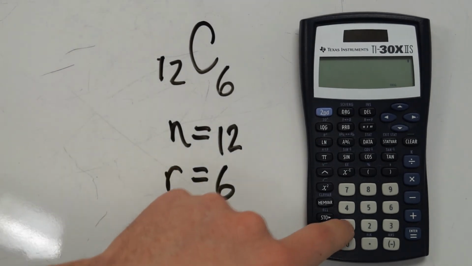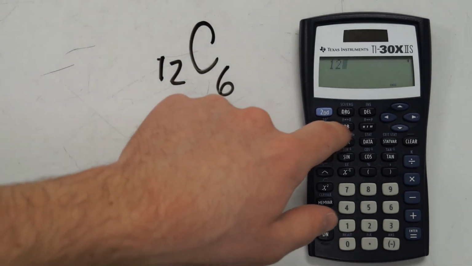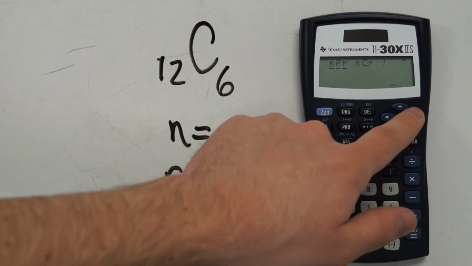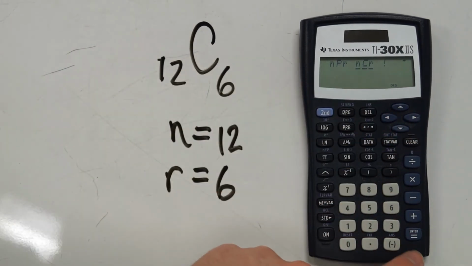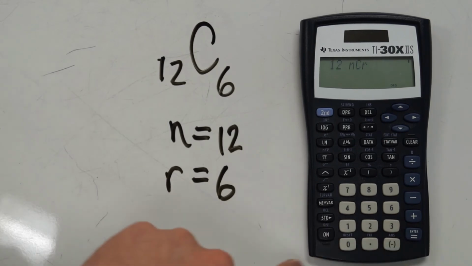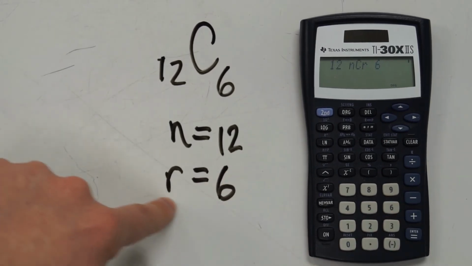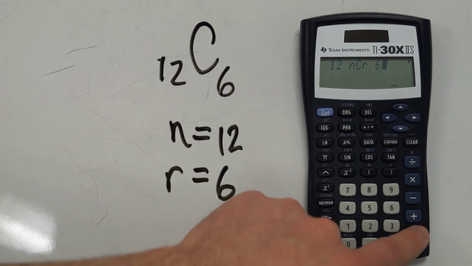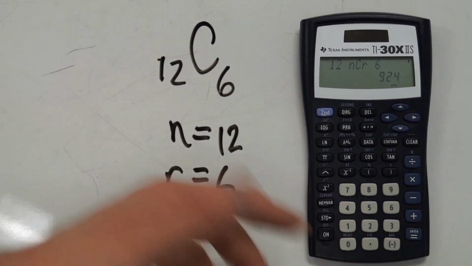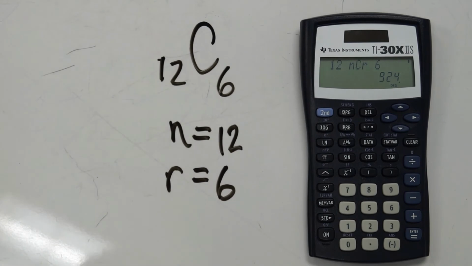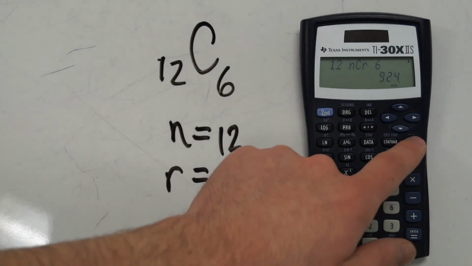So I'll put 12, and then I'll press PRB, and go to the underlined nCr, and then I press that, and I put the r in, and that should give you the number of combinations. And that works exactly the same for permutation.